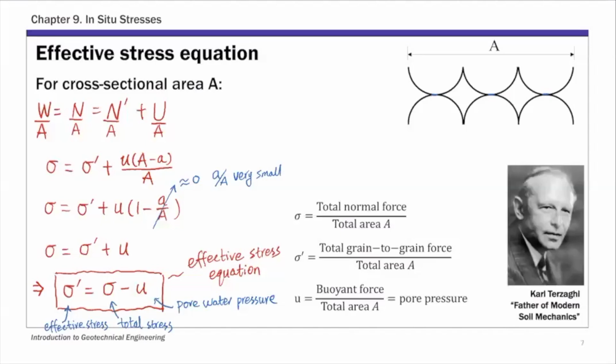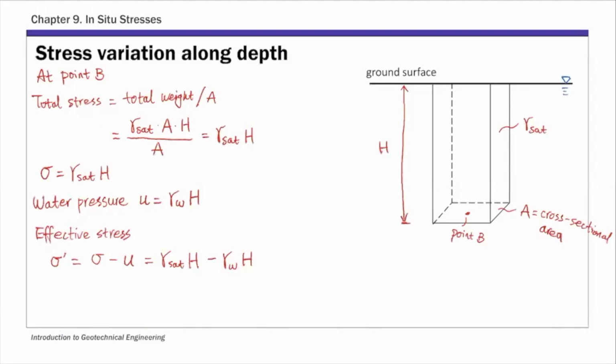The other thing we covered last time is, given a soil profile, if we know the unit weight of soil, how do we calculate total stress and obtain effective stress? I used this very simple example, where the water table is at the ground surface.